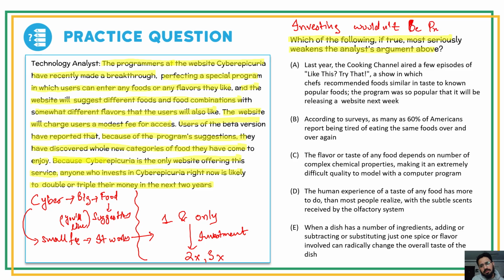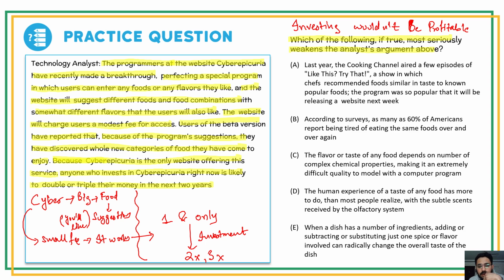That's what it's trying to make us do. Okay, and what's the argument at hand? The argument at hand is clearly that because it's the one and only, investing in it would double or triple your money. So there are two parts to it: that the money would double or triple, and that would happen because it's the one and only in the market.